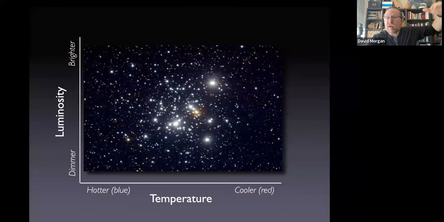So dim is at the bottom, bright is at the top. Temperature is backwards on the horizontal axis. So the horizontal axis usually goes from hot to cool. Okay? Hot blue on the left side of the diagram, cool red on the right side. So you can think of that as the spectral type, O, B, A, F, G, K, M on the horizontal axis.